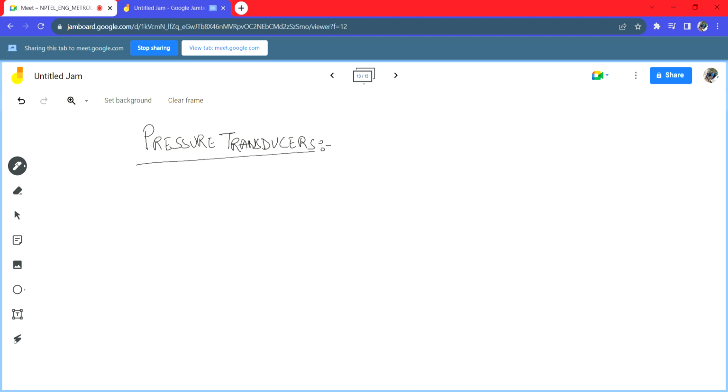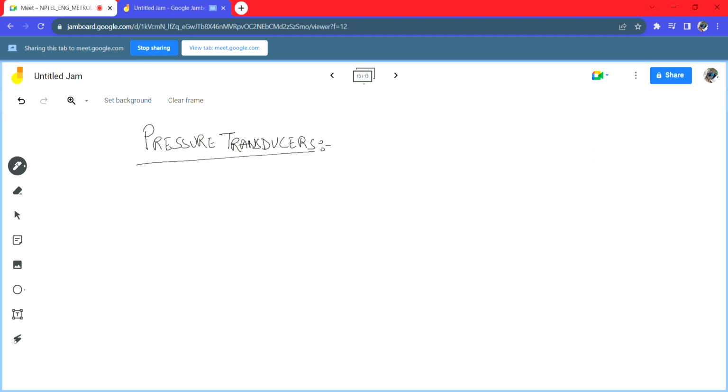Now, one thing that we have understood from designing temperature transducers, that we have to eventually do some sort of energy conversion. That is the basic need of a transducer. That is the basic function of a transducer.